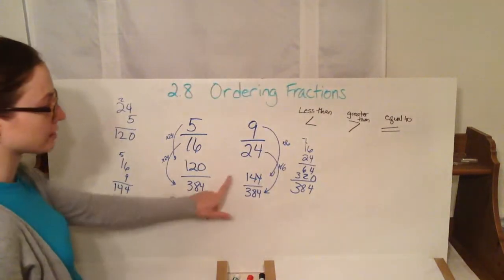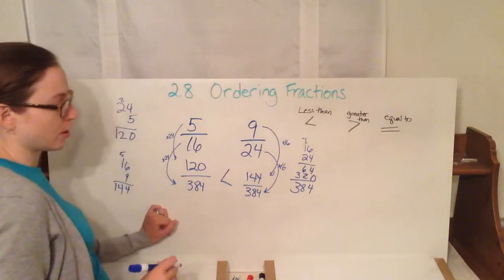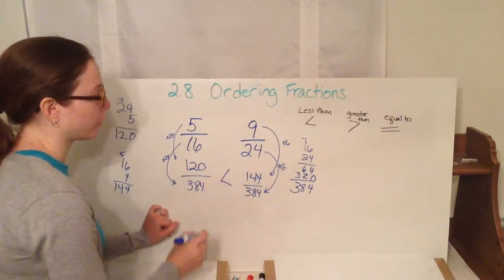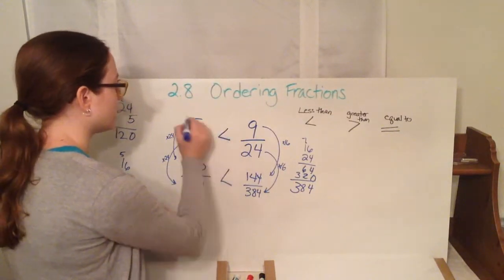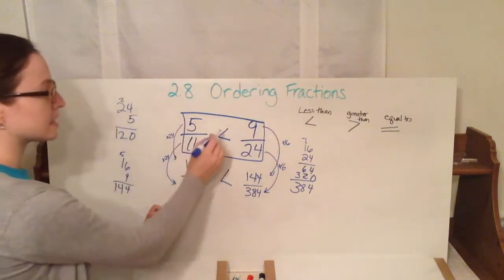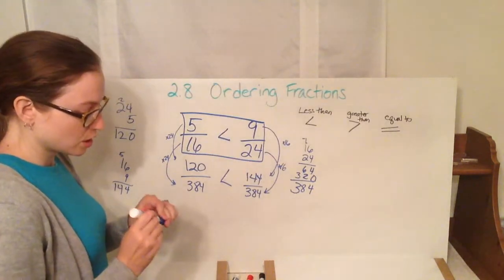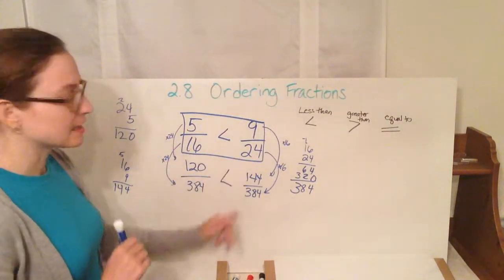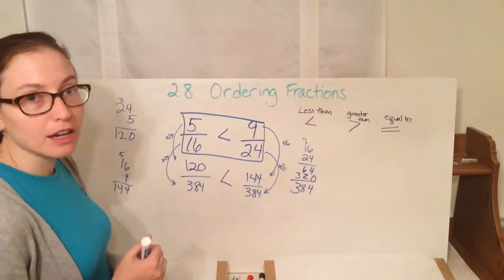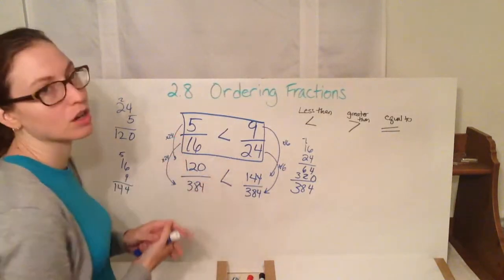It's now apparent 144 is bigger than 120, and so 120 is less than 144. And here is the answer we want: 5/16 is less than 9/24. So we don't need the least common multiple of the denominators because those numbers aren't appearing anywhere in our answer, only these ones are. Okay?